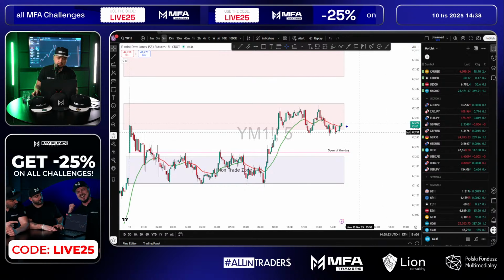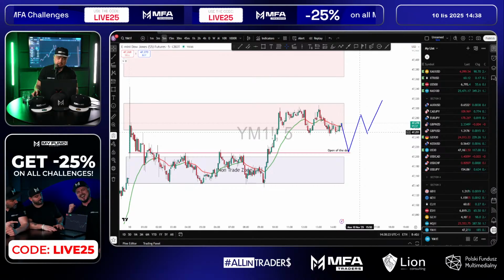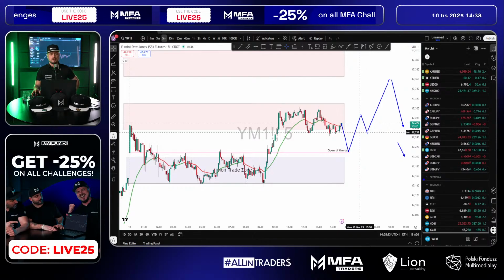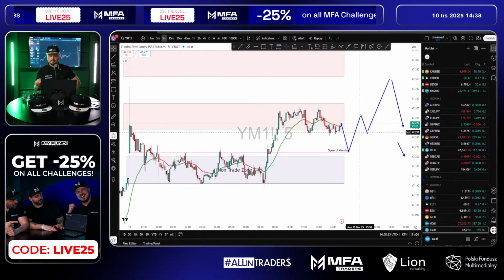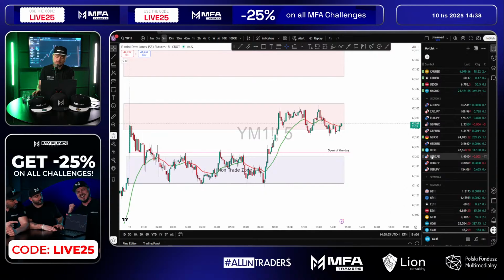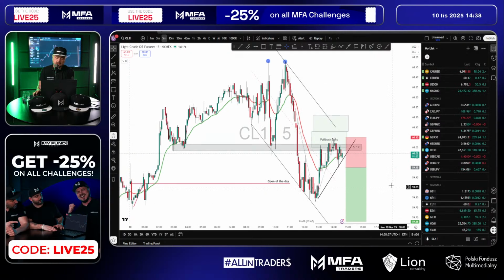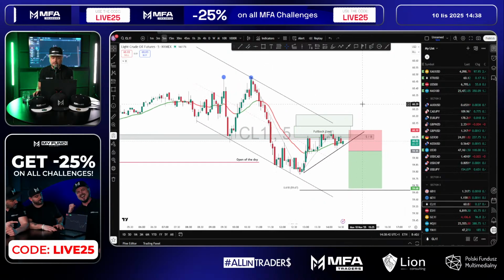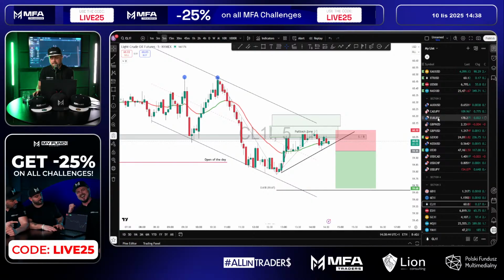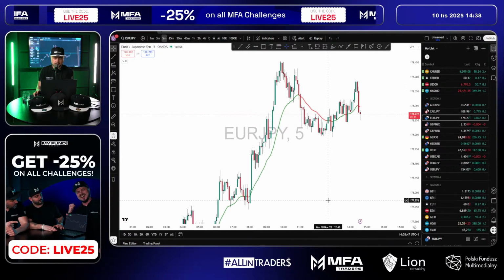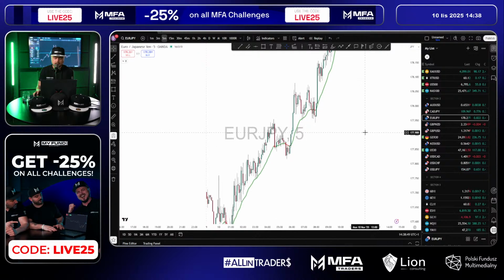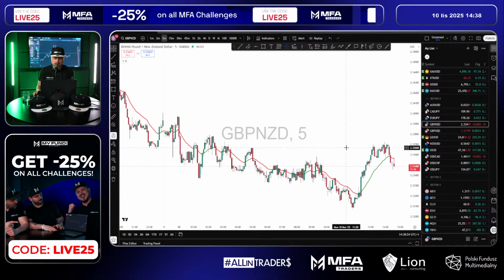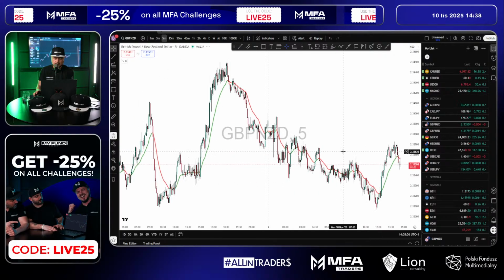There is a chance that we're going to drop down here, see continuation, and maybe after that we'll have a chance to get to the non-trade zone. But we'll have to wait for that. For me, the best looking now is crude oil. We are not too far from opening a position. All right. GBP and NZD.